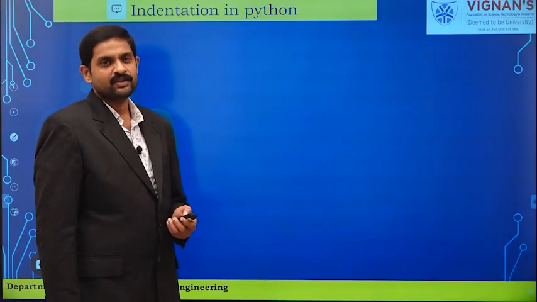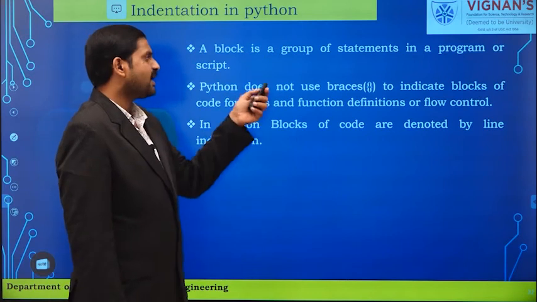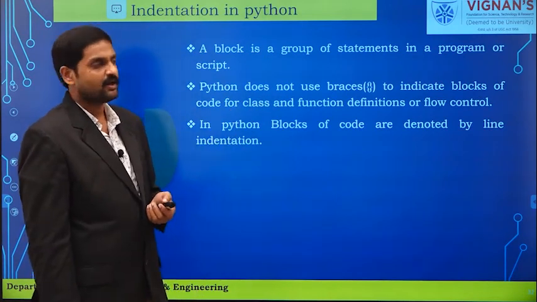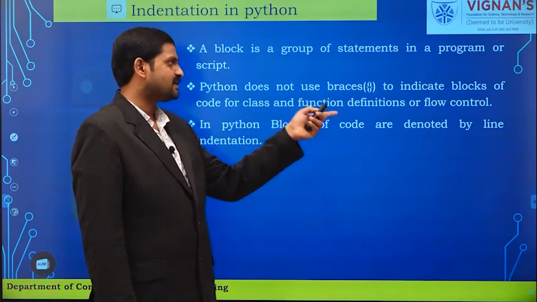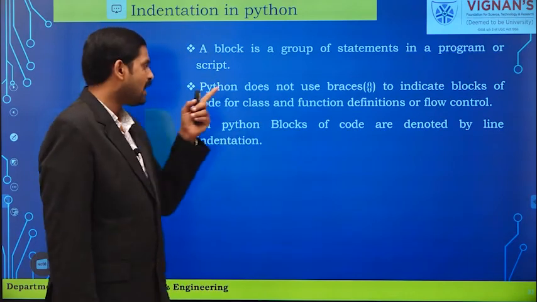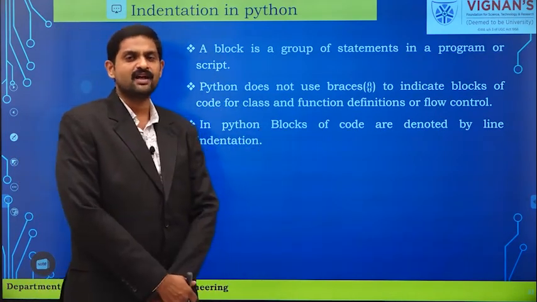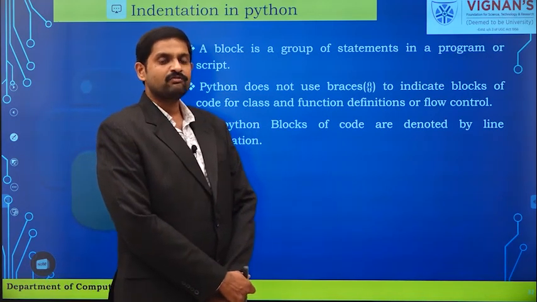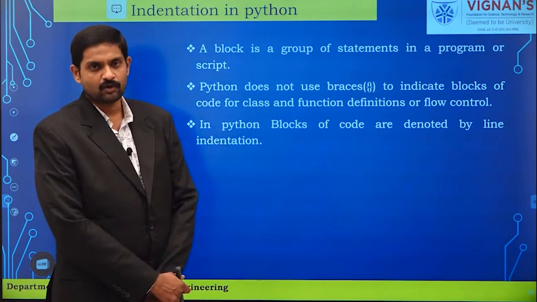Last topic, indentation. Here a block is a group of statements in a program or script. Python doesn't use braces to indicate the blocks of code for class and function definitions or flow control. Whereas in C, C++, Java, we use braces to represent the blocks of code.